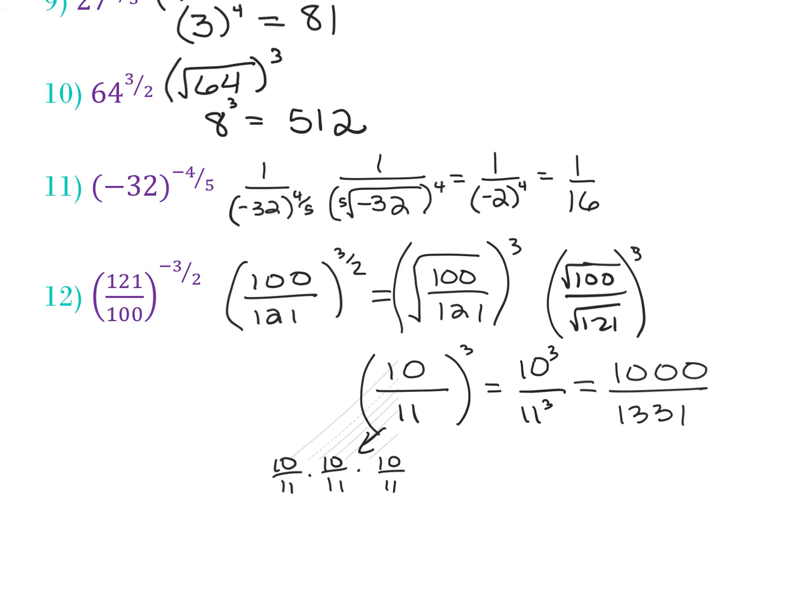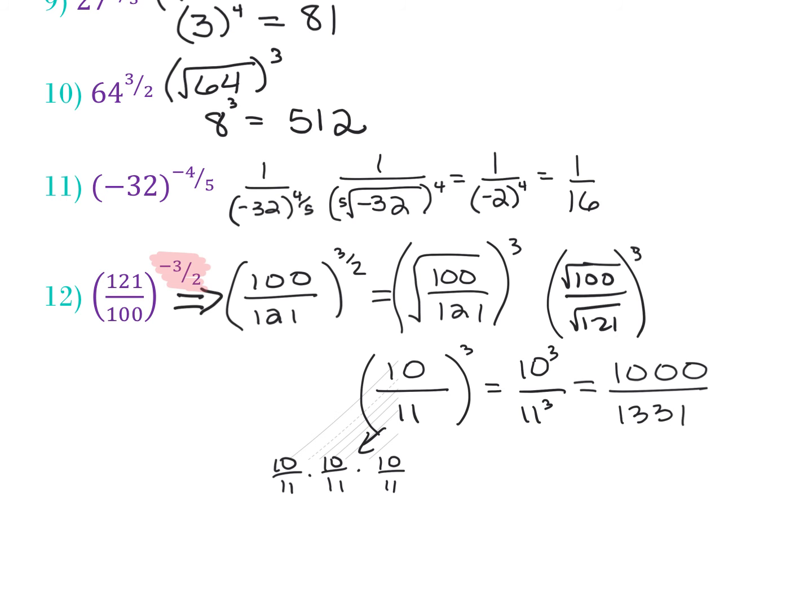Am I making a mistake here? Did you make a mistake when you wrote 100 over 121? So over here, 121 over 100. What I need to do is, the first thing I took care of was this negative exponent. And in order to change it to become a positive 3/2, I have to flip that base to its reciprocal. So whenever I see a negative exponent, I think reciprocal.